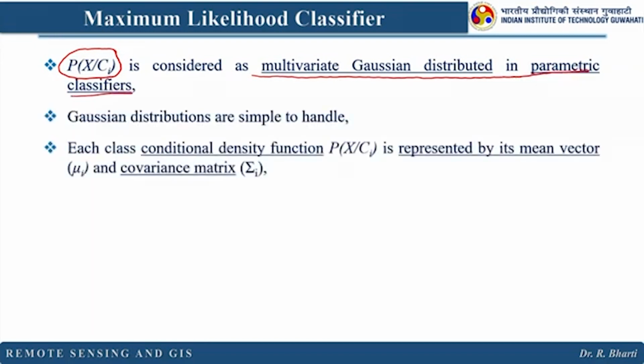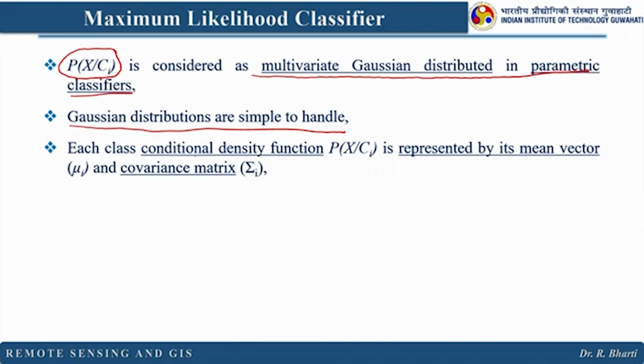Gaussian distributions are very simple to handle, but when you see real data, we do not always get Gaussian distributed samples. In that case it will be a little bit difficult to resolve the class with this maximum likelihood classifier.